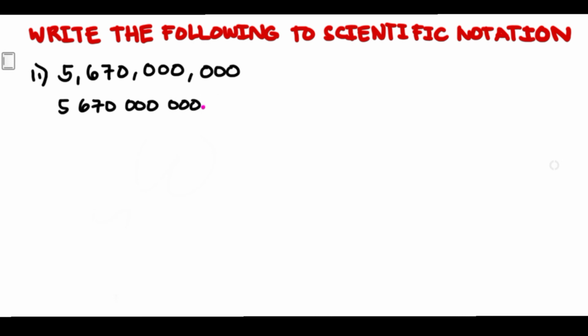And then, dapat yung decimal point mapunta sa after the first non-zero digit. At yun ay 5. So, bilangin natin ilan yung lalakbayin natin papuntang 5. 1, 2, 3, 4, 5, 6, 7, 8, 9. Ayan po.